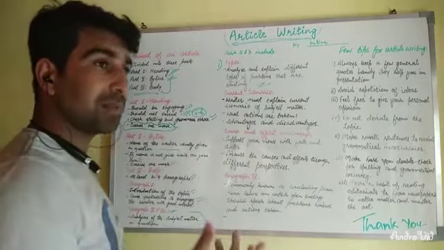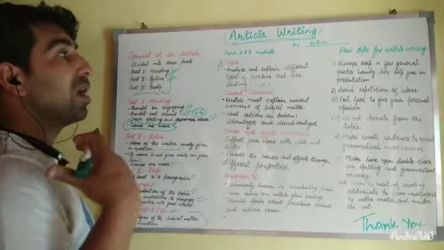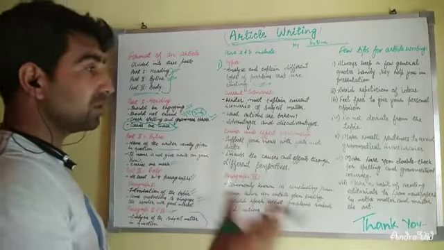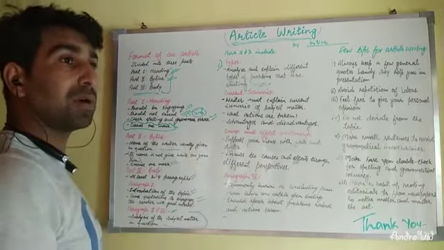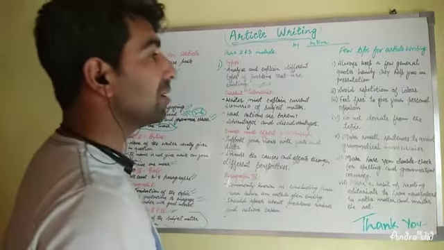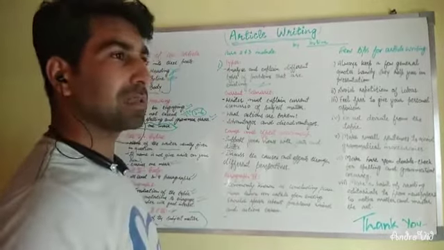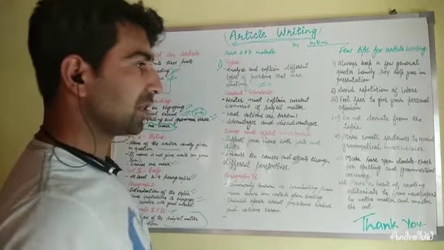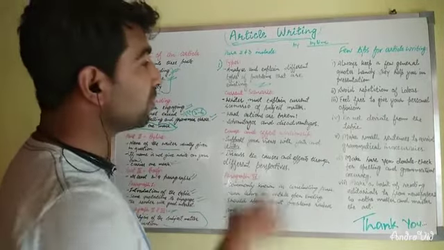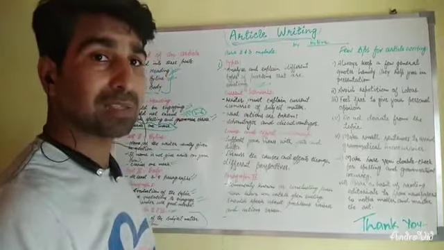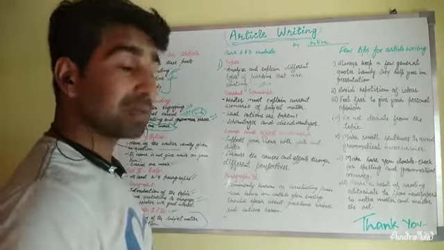You will tell us about the types, and about your analysis. You'll add your own opinions, because your own opinions are a must. It's not only that you will give facts and references from other people. You will have your own opinions as well. Your own opinions matter a lot.